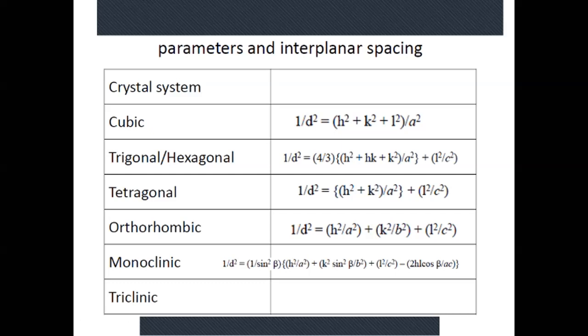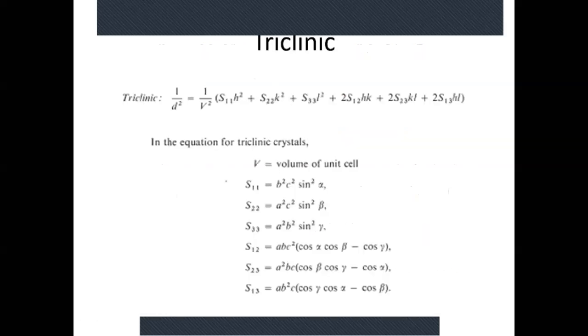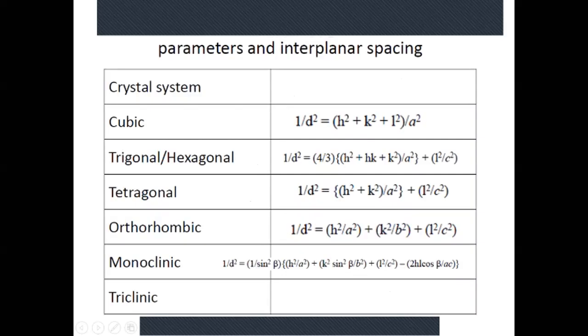And just to show you triclinic, don't worry, the computer does it, because as you can see, it's a very messy calculation because there's no restraints in the lattice parameters, so it's a very involved calculation to determine, for example, the HKL values for a particular D spacing. But again, these equations show you how you can take the D spacing and the unit cell value and find the HKL plane, or if you know the HKL plane and the A value, you can calculate the D spacing and vice versa.